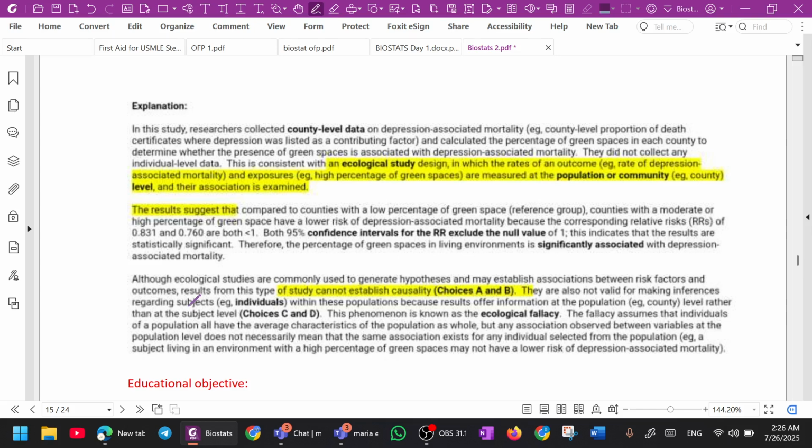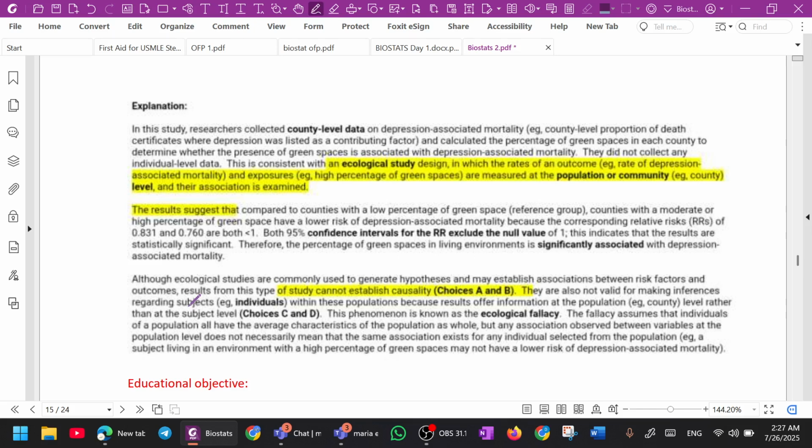The phenomenon is known as ecological fallacy. The fallacy assumes that individuals of the population have the average characteristics of the population as a whole, but any association observed between the variables at the population level does not necessarily mean that the same association exists for any individual selected from the population.